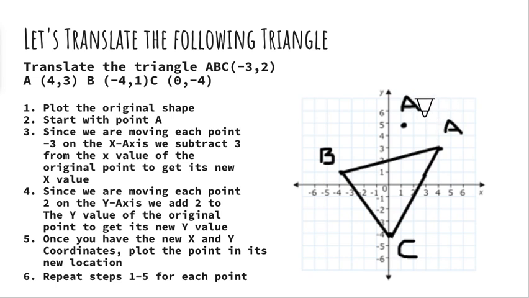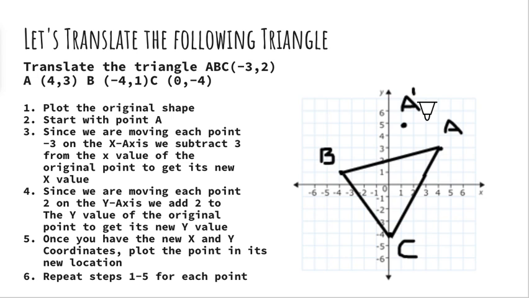In this case, when we've made our translated point, you're going to want to mark it with a little tick, like a little 1 there, and what we call that is prime. So this is A, the original, and this one is our duplicate, and we call it A prime.